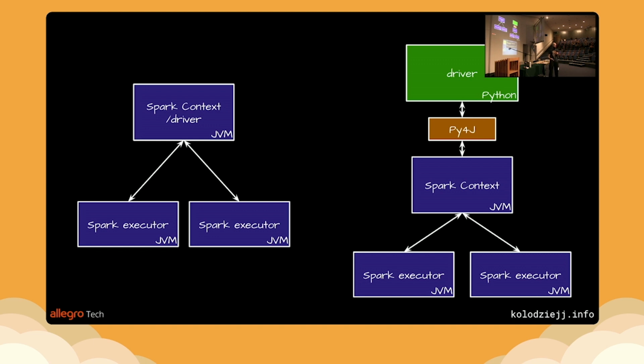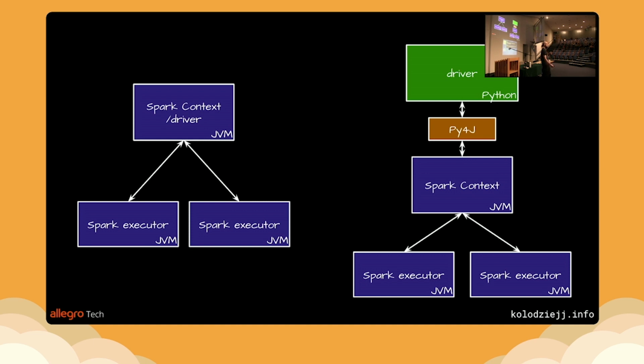To be precise, Py4j allows Python to interact with JVM objects and vice versa. In our case, we are defining the data frame locally in our driver, in this Python process, and for Spark to do anything with this data frame, it first needs to get translated to JVM stuff and then serialized to be passed to Spark context.